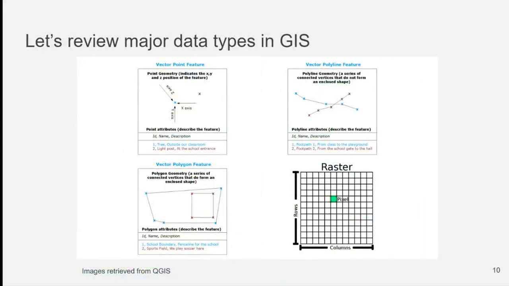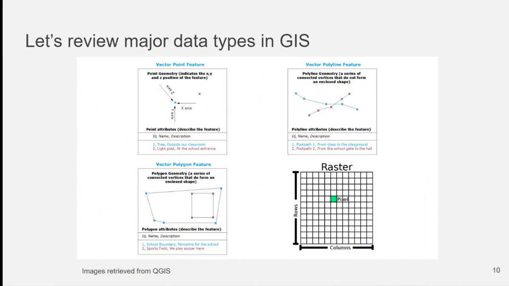Next, we want to add more layers, but before that, let's review data types in GIS. Vector data consists of X and Y coordinates, which show separation from the origin in horizontal and vertical directions. Points are single vertices that are not connected to each other.